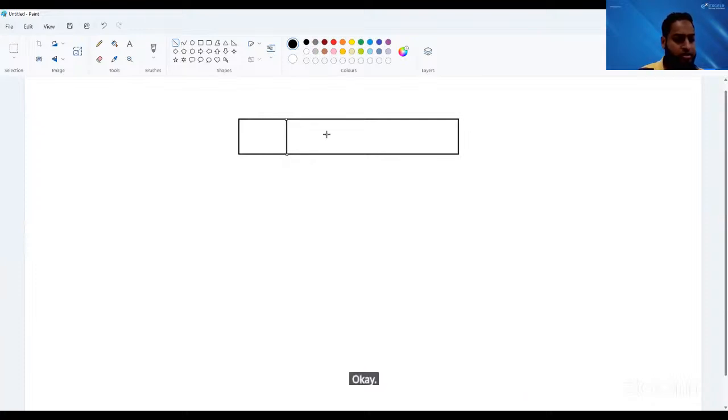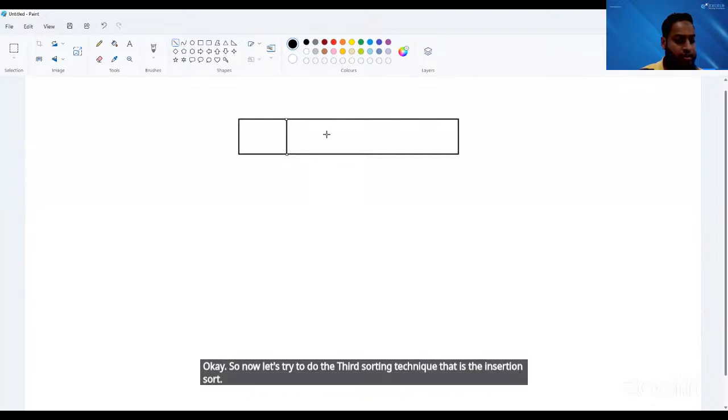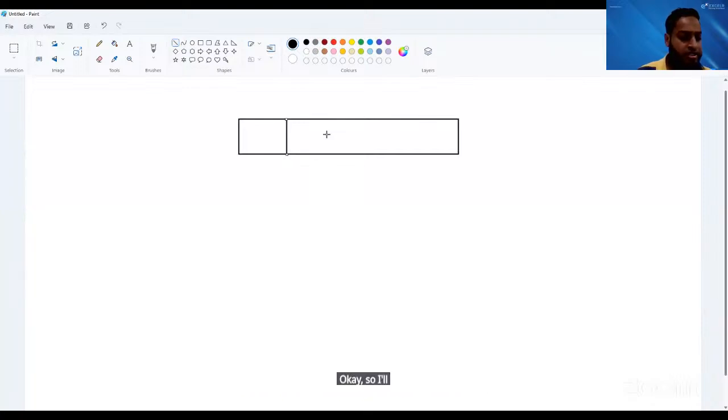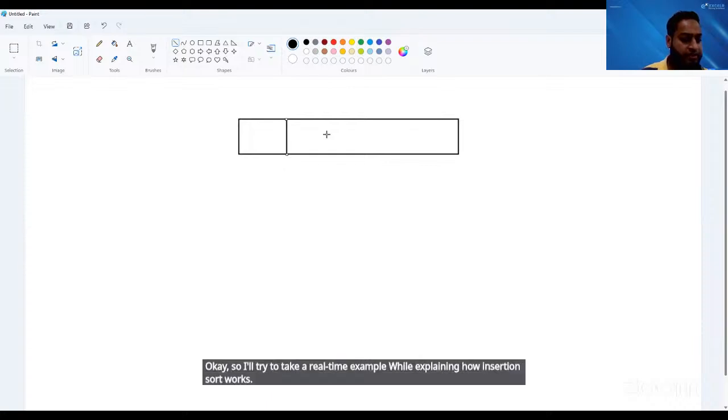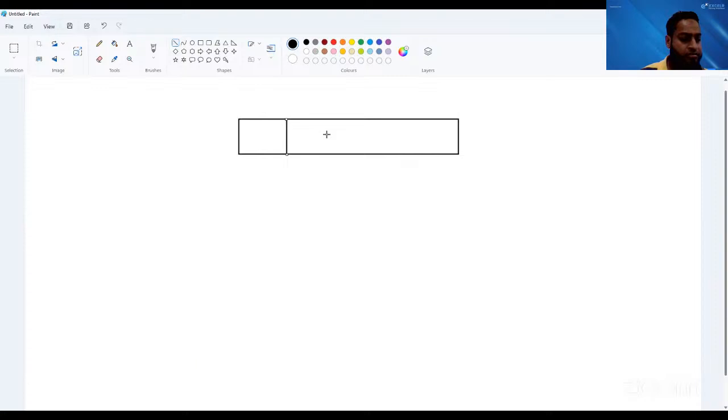So now let's try to do the third sorting technique, that is the insertion sort. Okay, so I'll try to take a real-time example while explaining how insertion sort works.